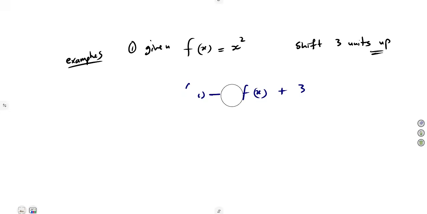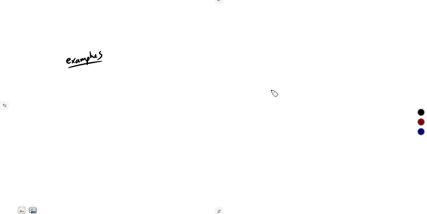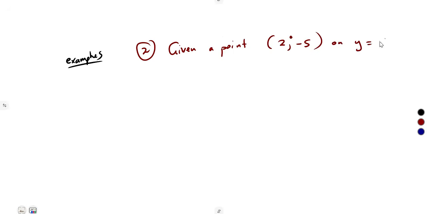This is how these questions can be given as. All right, let us consider another type. Given a point, let us consider a point this time. Given a point 2, minus 5, let's say we've got a point (2, -5) on y is equal to f of x.